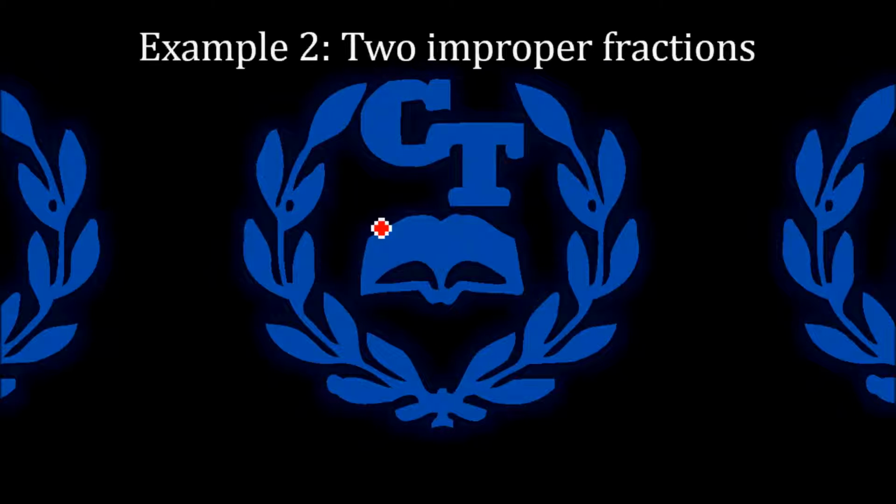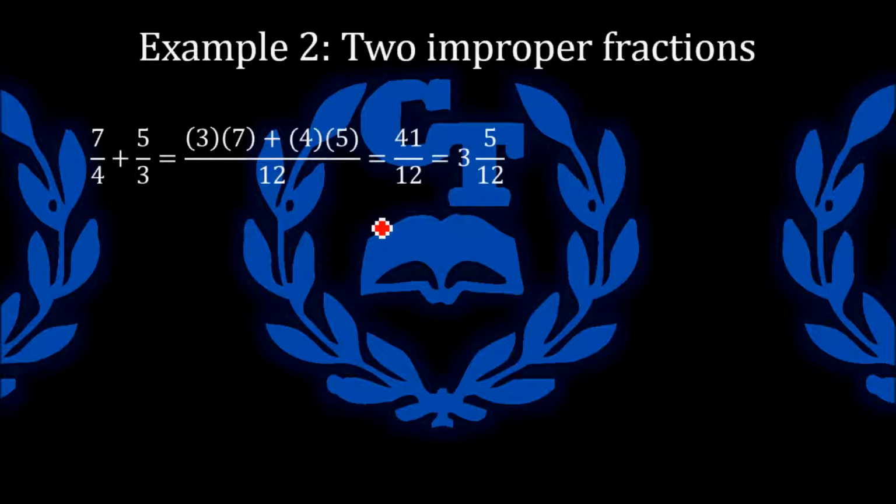Now let's look at two improper fractions. If I have two improper fractions, let's say 7 on 4 and 5 on 3, I can make sure that the fractions are already proper or improper. As you can see there, it's already improper. I find the LCM of 4 and 3. I simply multiply the 4 by 3 to get my 12.